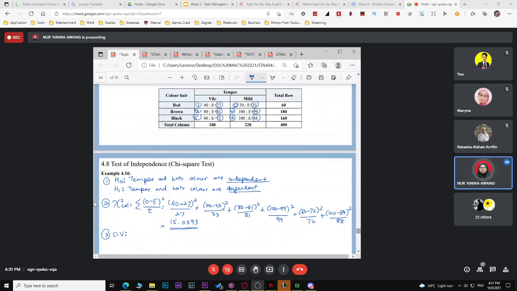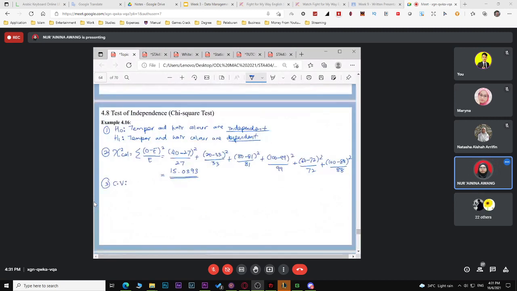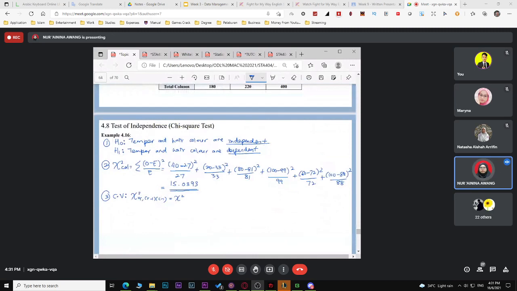You know that your critical value is chi-square alpha, and then your degree of freedom is row minus 1 times column minus 1. So this should be your critical value. Note this one is not a comma, it is a multiplication, so you have to multiply this value first. The question asks you to test at 5% significance level, so here it should be 0.05.